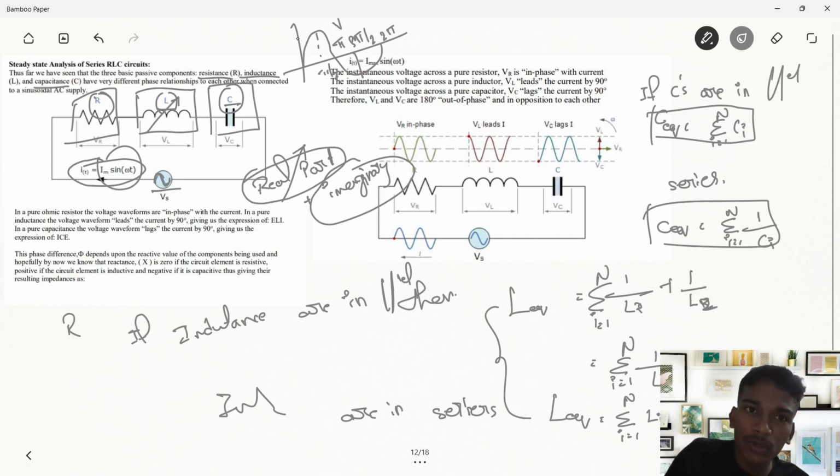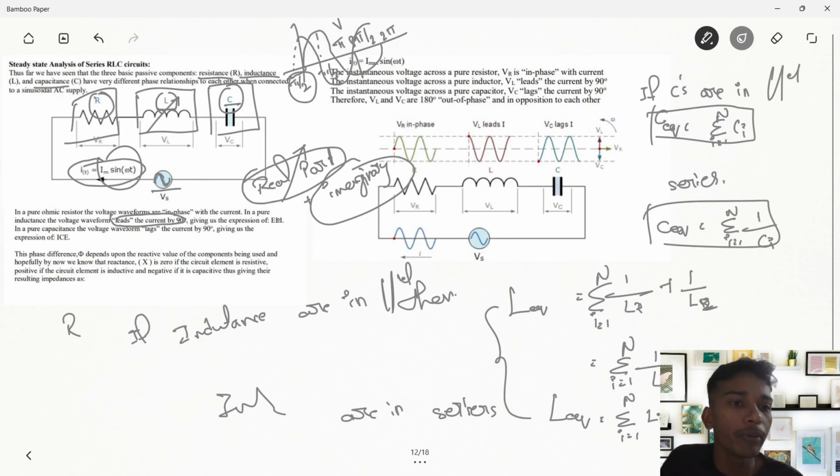Now my current curve will be like this. It's going to be starting somewhere from here. This is pi by 2. In the sense, I am starting pi by 2 before the voltage starts itself. This leading, in the sense, starting before, gives us the expression of ELI.